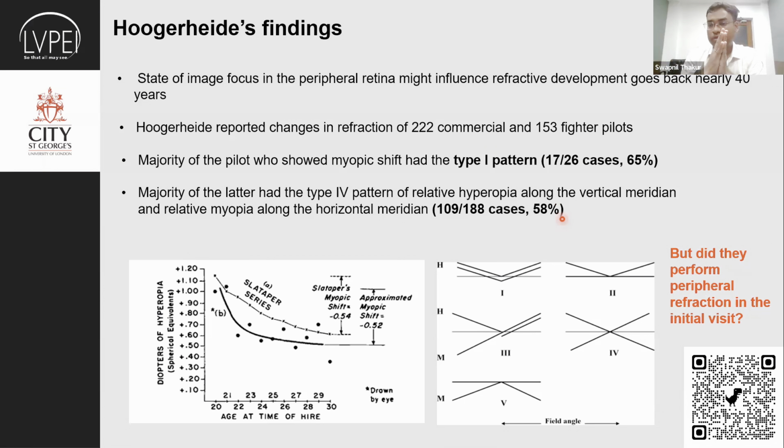So the whole concept of whether peripheral refraction is important for myopia begins from here, where he reported that the pilots who became myopic had relative peripheral hyperopia. But recently, Hoogerheide's findings were criticized because it was not clear at what visit he performed the peripheral refraction.